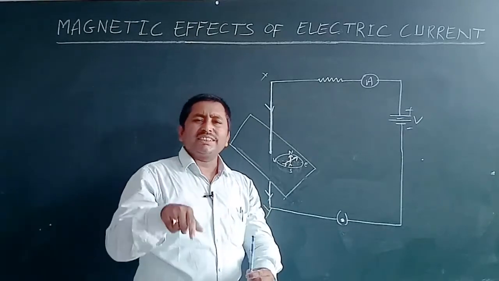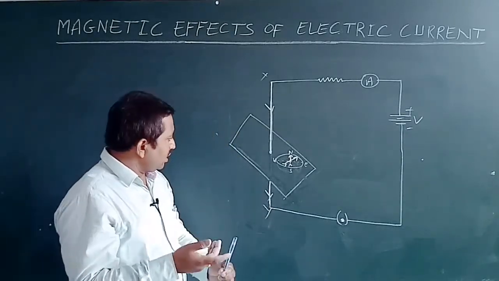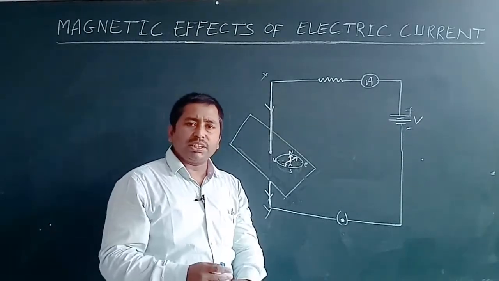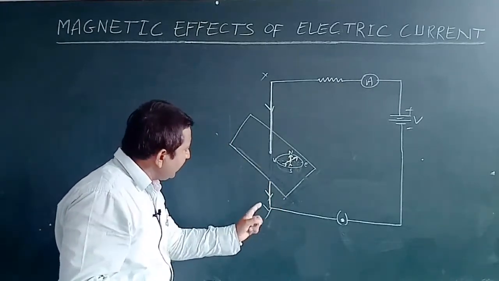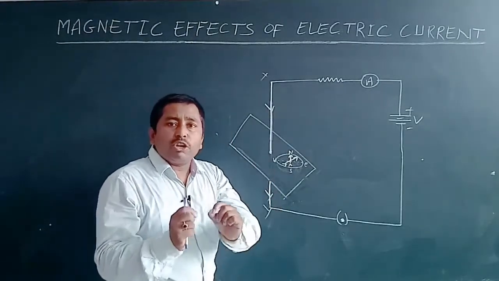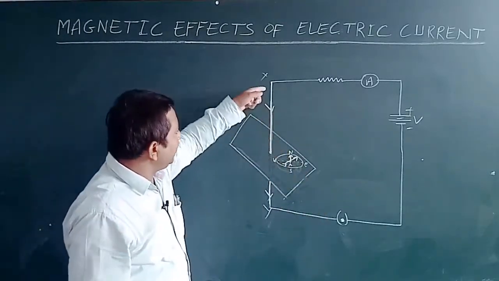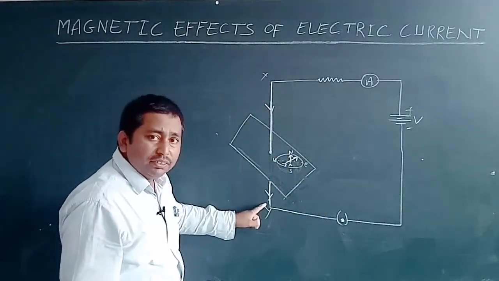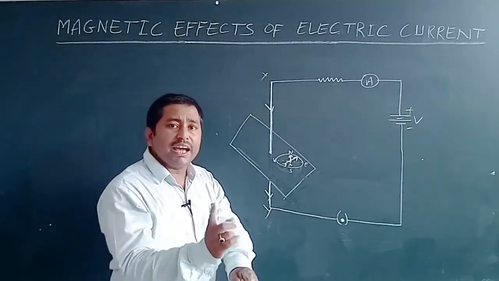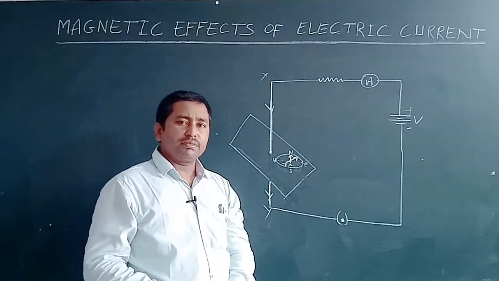This can also be demonstrated by another activity, but here one can easily conclude that when there is a current flowing through any conductor, there is a magnetic field around the conductor.